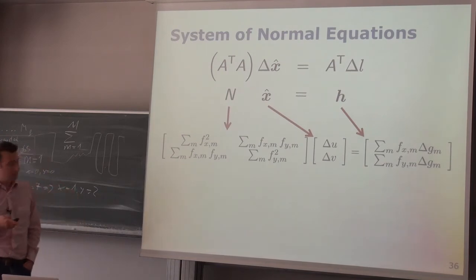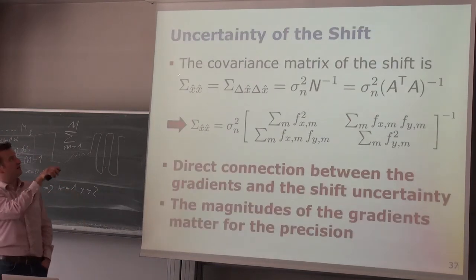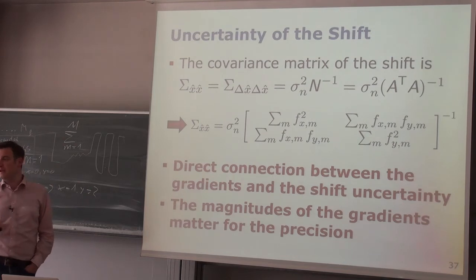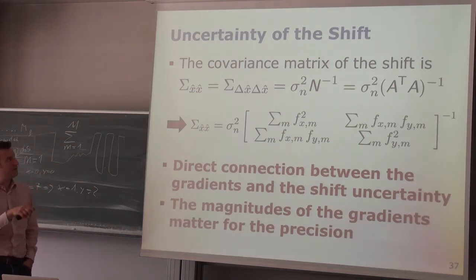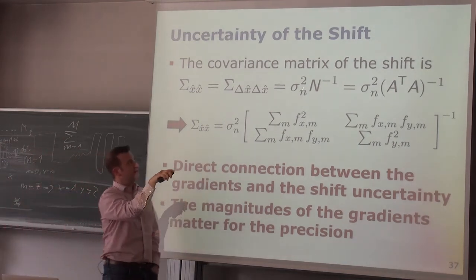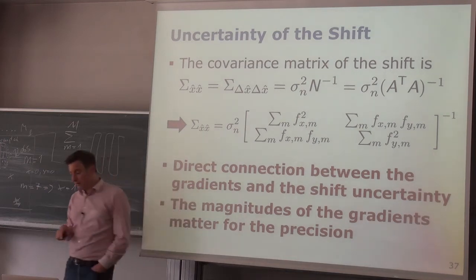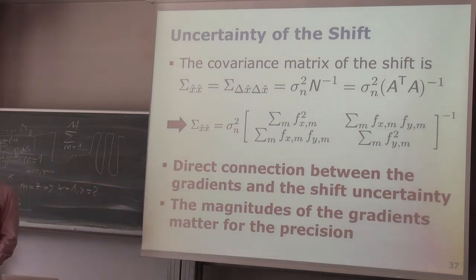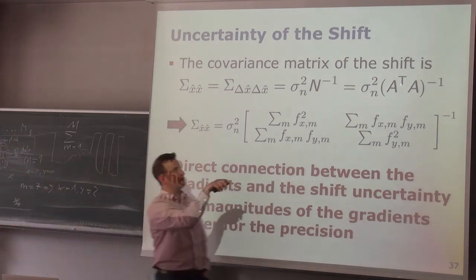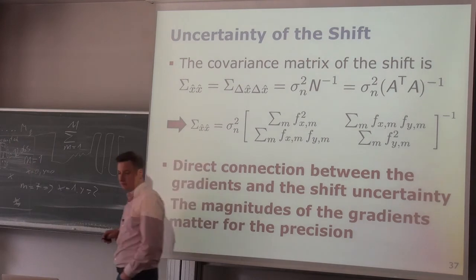Something you should have seen in the past. So the uncertainty that I have about my estimate in X, so this estimate of my shift, is in this case the variance of the noise, the variance that I have in my signal, times N to the power of minus 1, so the inverse of N. So the inverse of N is A transpose A inverted.